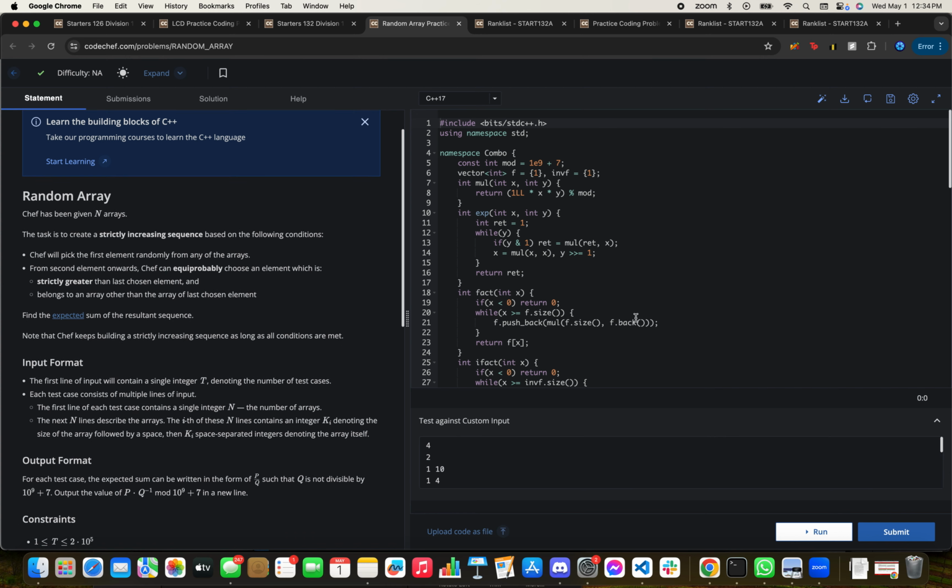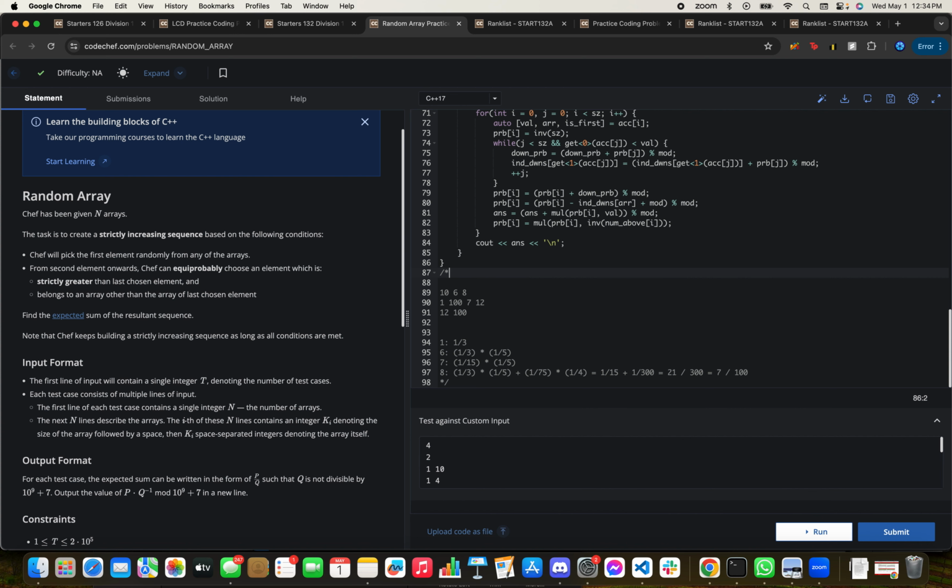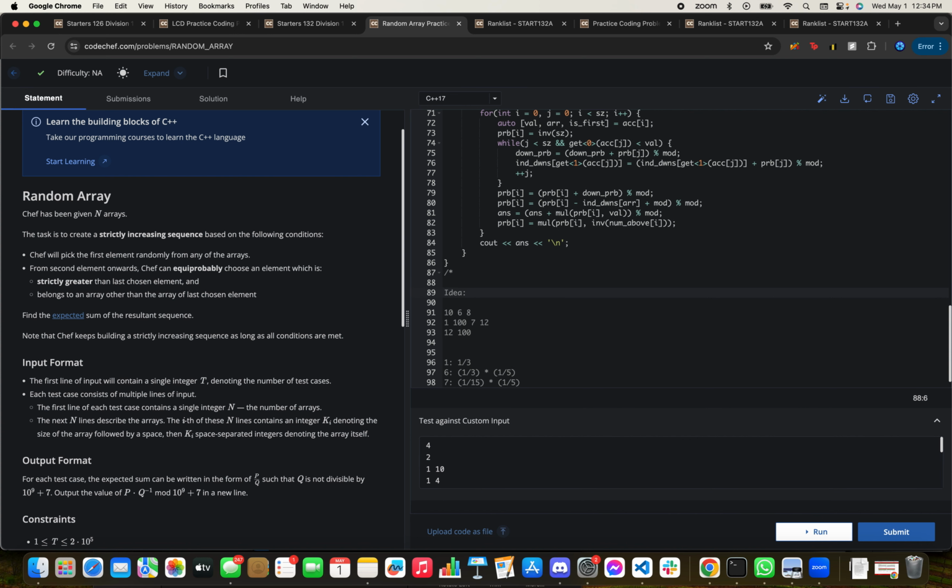For this problem, it's kind of like a prefix sum computation. So the idea is that I guess you want to use linearity of expectation. So you want to find the sum over all elements of the probability E_i appears times E_i, right?